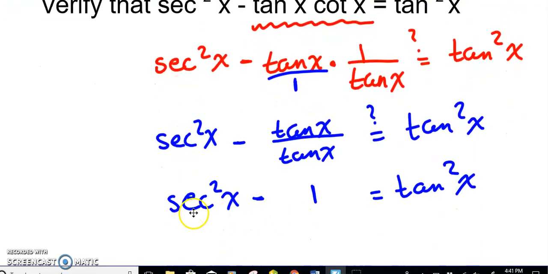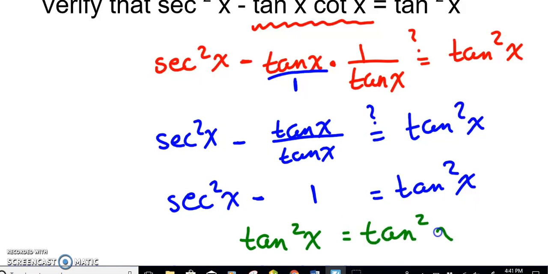And wait, we have secant squared minus 1 right here. So isn't that tangent squared x? And they equal each other. Look at that. And so therefore, it is true. It works out, so it is an identity.